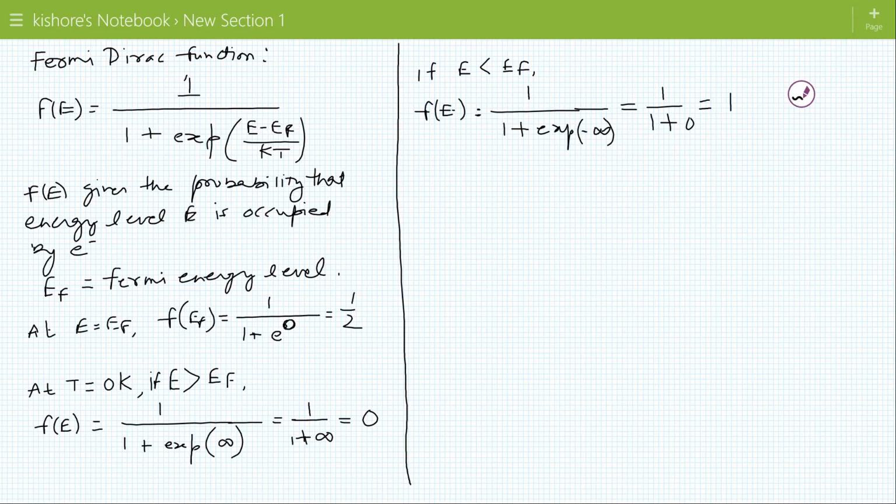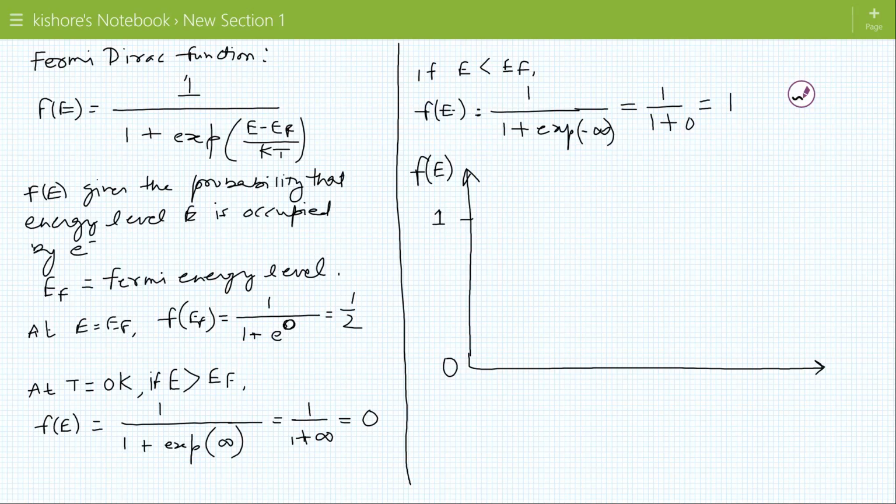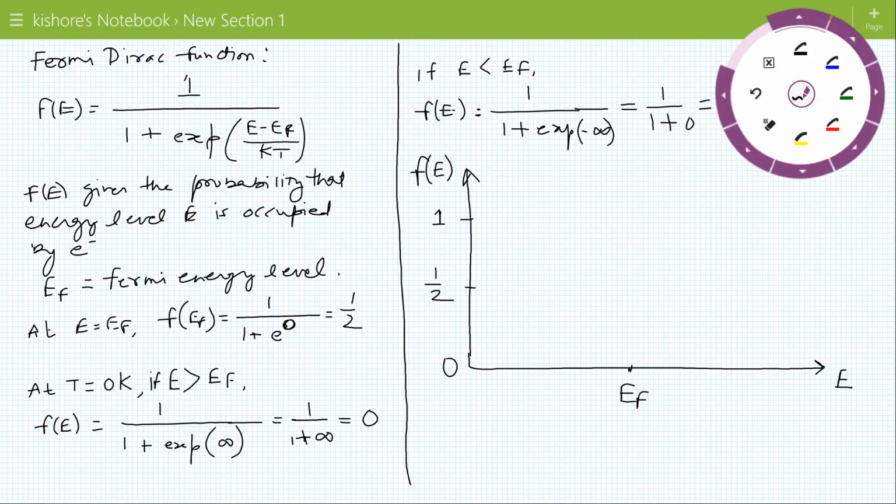Now we can draw the Fermi-Dirac function versus E curve. As I said earlier, this F(E) gives the probability. So obviously it has values between 0 and 1. And this horizontal axis is E. Somewhere here we have EF. Now we have two portions.